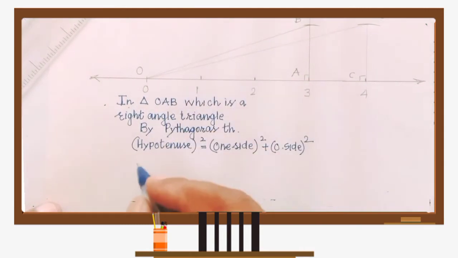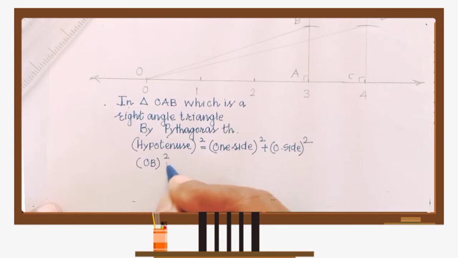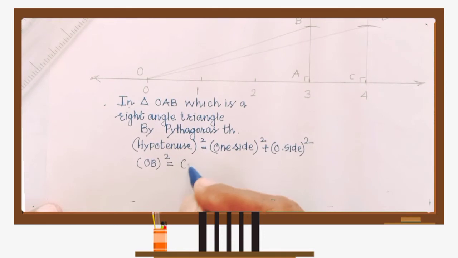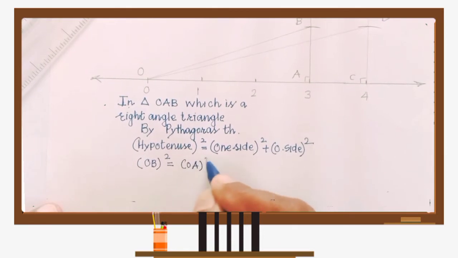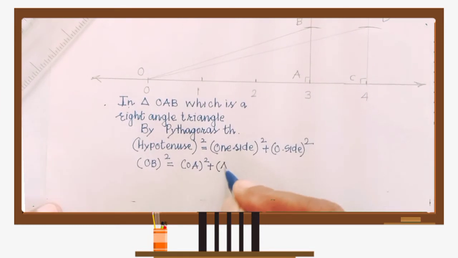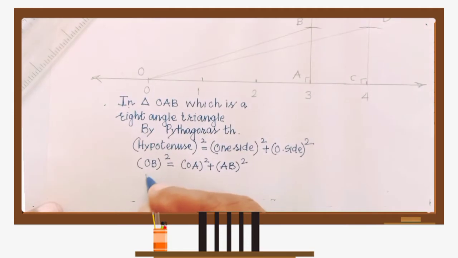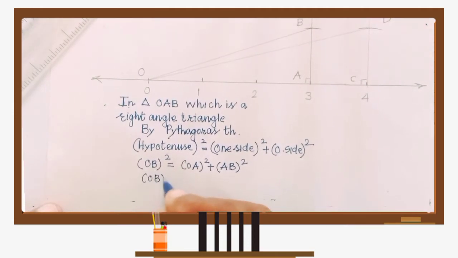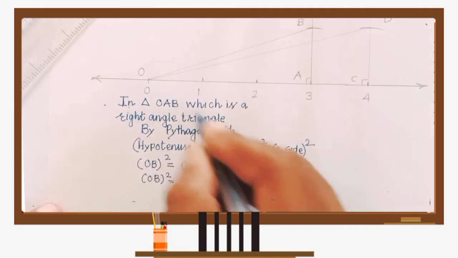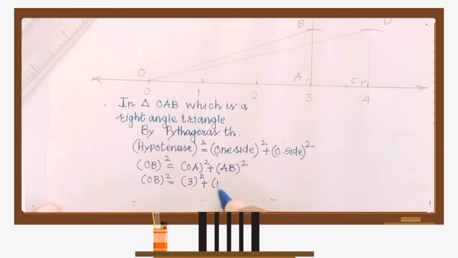So OB square is equal to OA square plus AB square. OB square is equal to OA, it is nothing but 3 unit, 3 square plus AB, it is 1 unit.